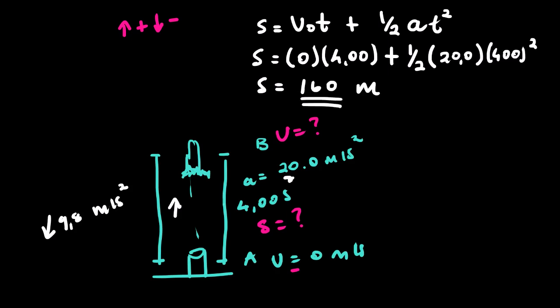And then from here, let us calculate the velocity at B. We can use many equations, meaning that we have many ways to calculate this. We can use V is equals to VI plus A times time.